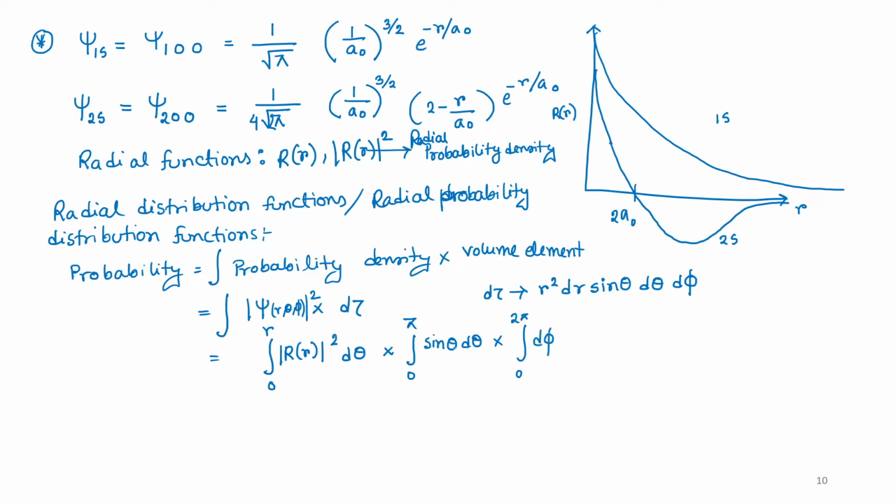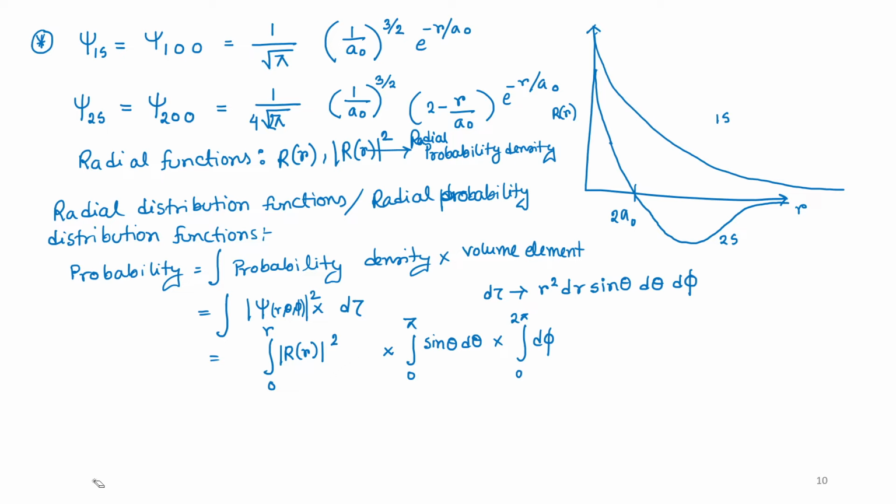So if you don't have a theta or phi dependent part in your wave function, then obviously they are going to become 4 pi, and oh, I missed one part, I am very sorry for that.